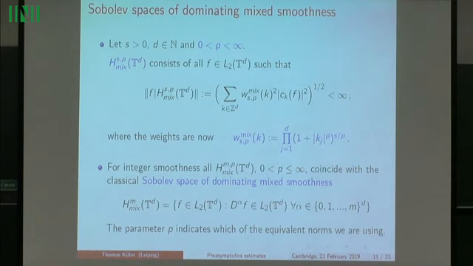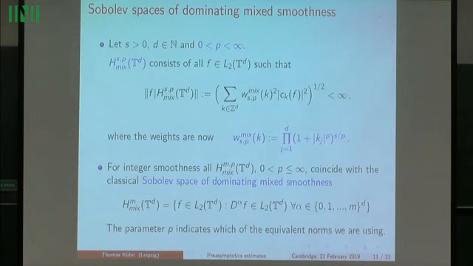So and for Sobolev spaces of dominating mixed smoothness, we proceed in the same way. s is the smoothness. Again, we introduce an extra parameter p and denote the Sobolev space of fractional order s, the mixed space, equipped with this norm p by the symbol H^s_p mix. And here, again, the norm is a weighted L2 sum of Fourier coefficients, and the weights are now these products.